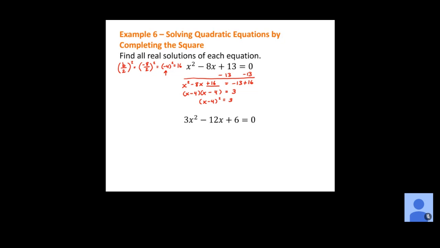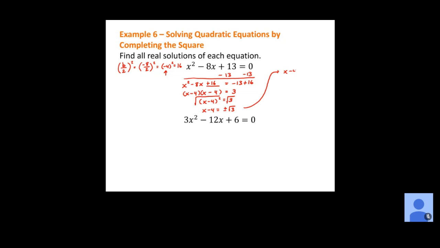And now we have a problem that looks very similar to the previous example where we have something squared equals a numerical constant. So I can actually take the square root of both sides. So we're going to take the square root here, take the square root here. That leaves us with x minus 4 equals, don't forget we need a plus or minus square root of 3 now. And then I'll bring this up here to finish it out.